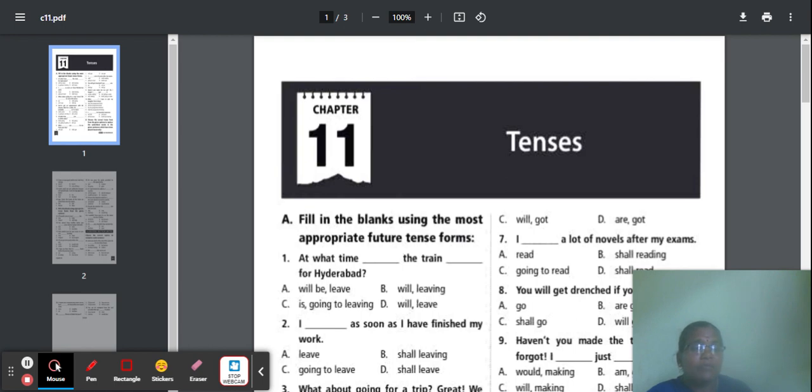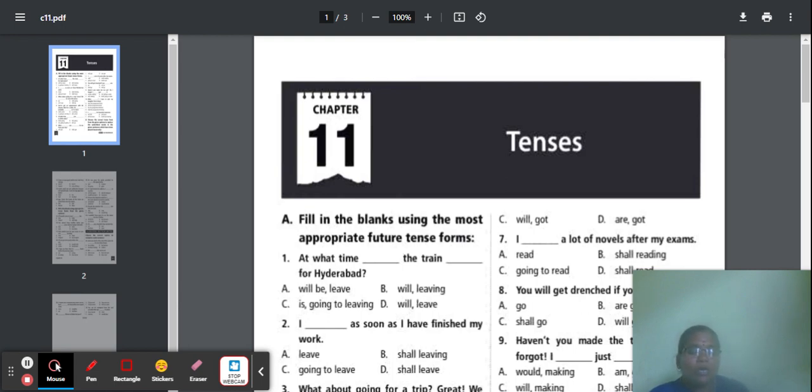Next, past perfect tense. In past perfect tense, the helping verb is had, for all three persons, singular and plural. For everything, we can use had. Had plus the past participle, driven. I had driven a car, like that he had driven a car. For everything we should put had driven.